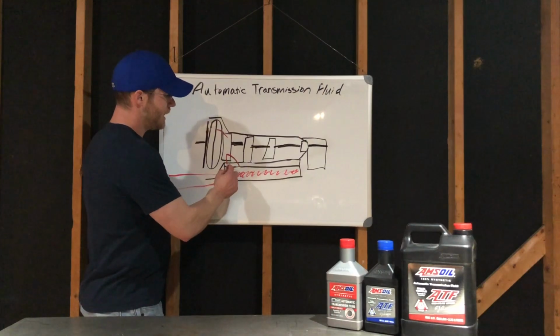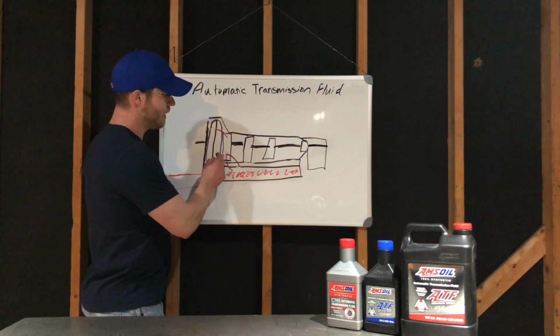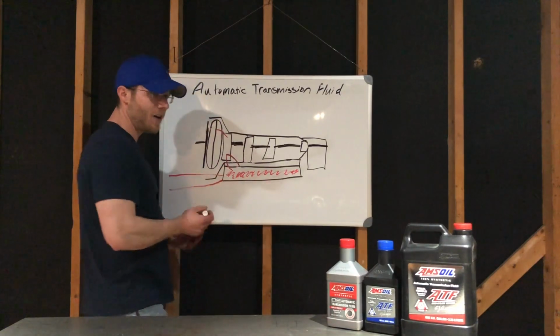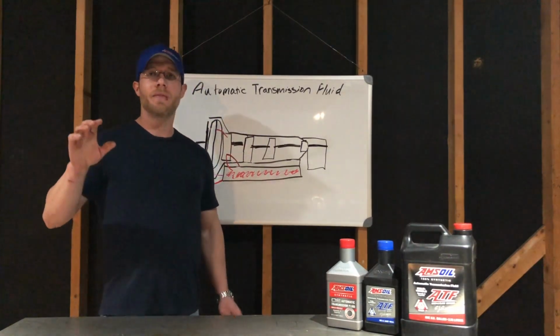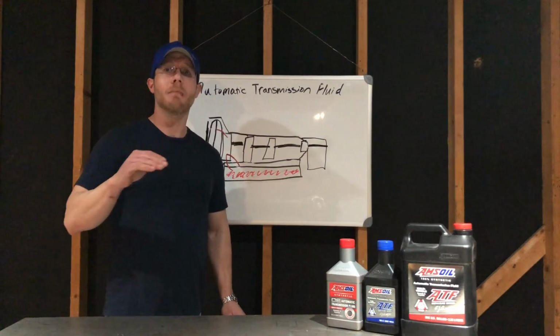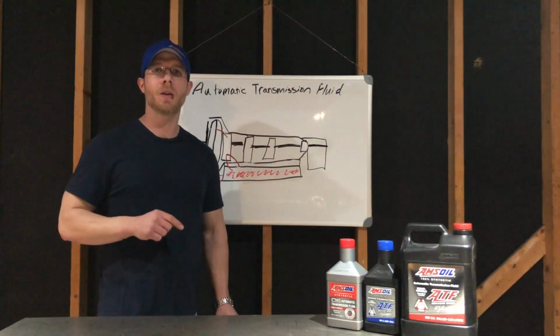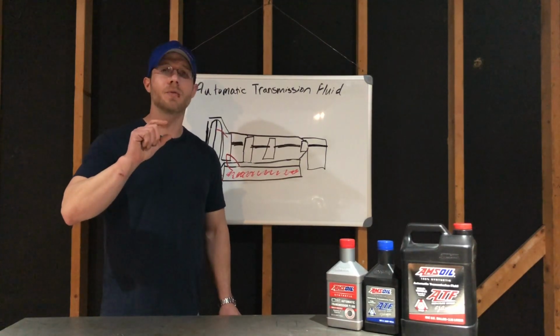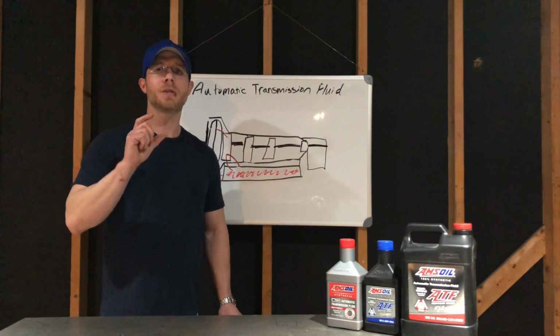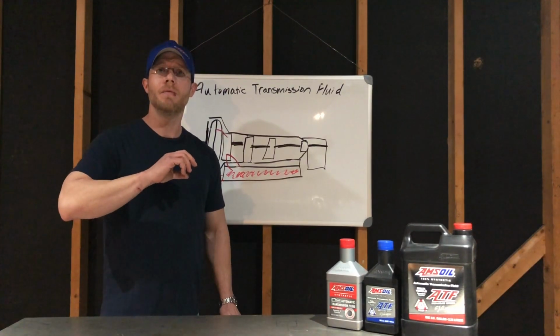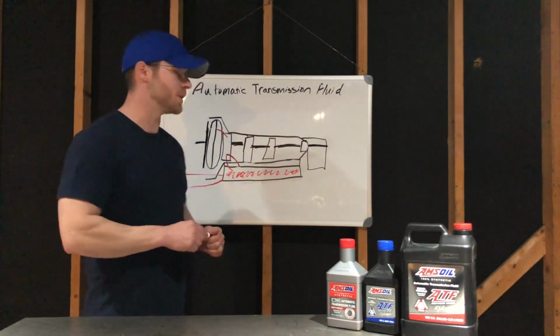So our fluid pumps from the oil pump into our valve body. Now the valve body is a series of paths, like a maze, various different places where all the oil has to go. There's little check valves, solenoids if it's electronically controlled, and valves that all the oil goes through.